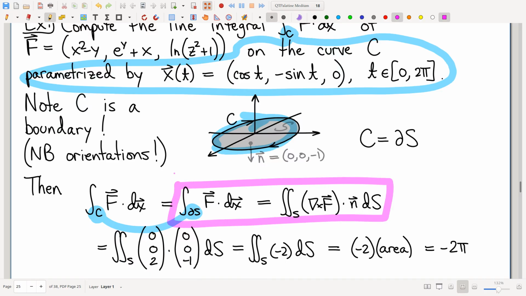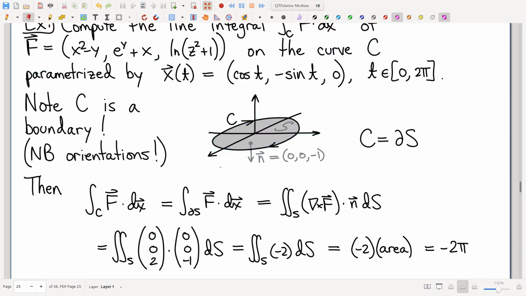There's Stokes' theorem. And plug and chug at this point. Now, there's a couple of little convenient freebies. One is, keep in mind, I've already established for my surface exactly what my oriented unit normal is. So this is just 0, 0, 1.